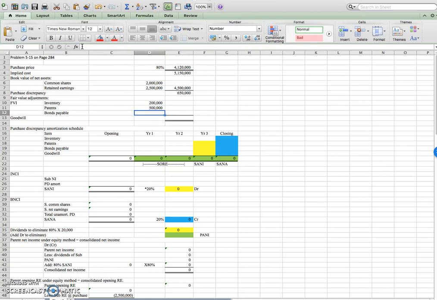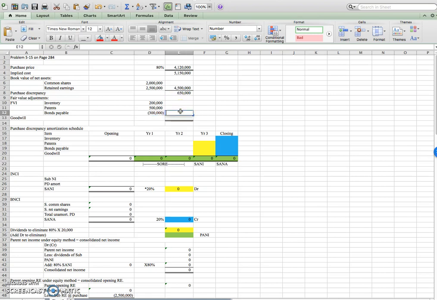Next will be the difference between our 10% bonds payable. So let's take our 3.3 million less our 3 million. Now, remember, that is a liability. We will just need to change the sign around. So that should be appearing as a negative 300,000.